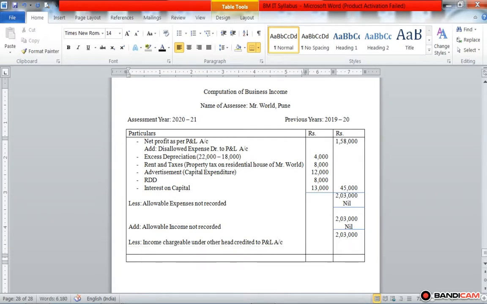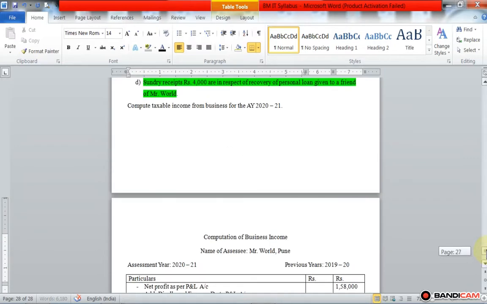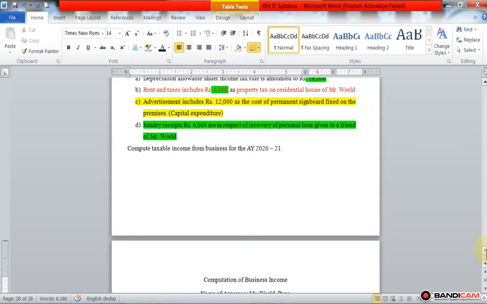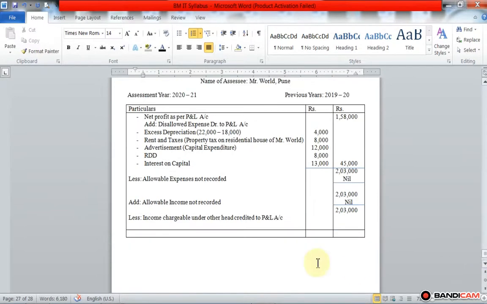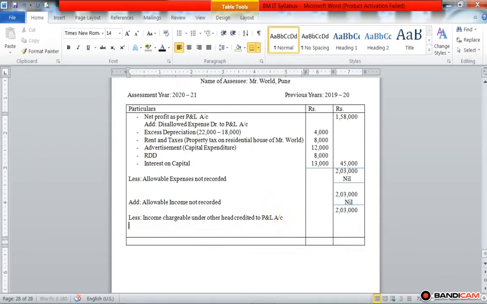Okay, so here adjustment number 4 is given. We start from adjustment number 4. So sundry receipt includes 4,000 which is in respect of a personal income of Mr. World.